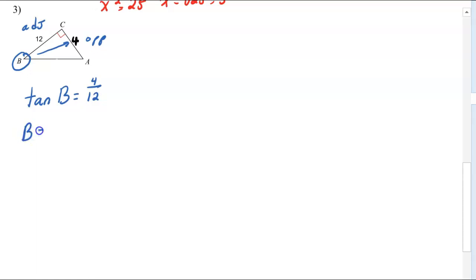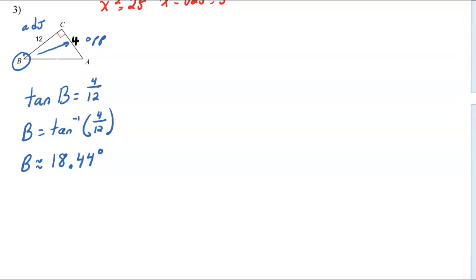So B is equal to the inverse tangent of 4/12. Now that is equal to 1/3. You don't need to reduce that. Doing it on my calculator, inverse tangent of 4/12 gets me angle B is approximately 18.44 degrees.